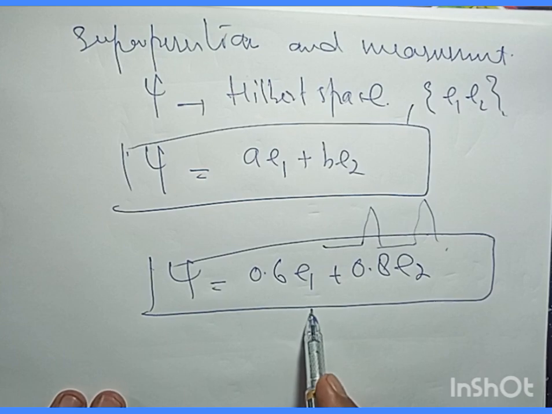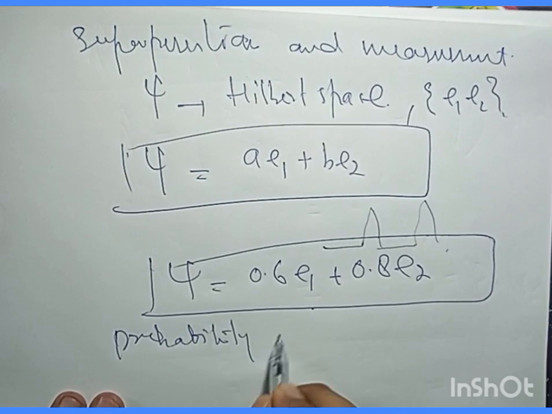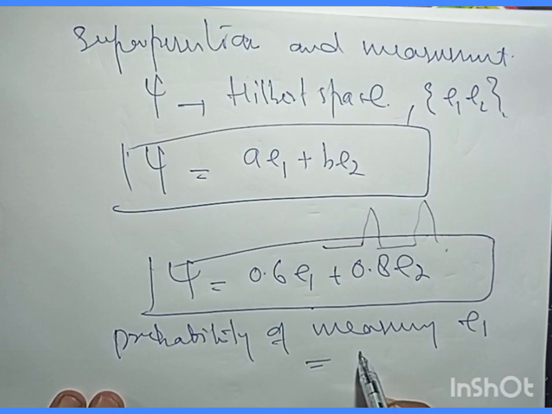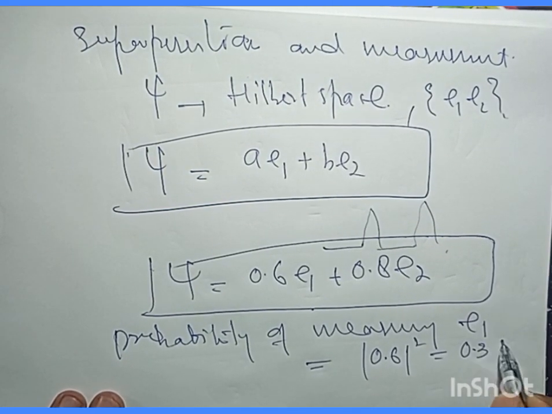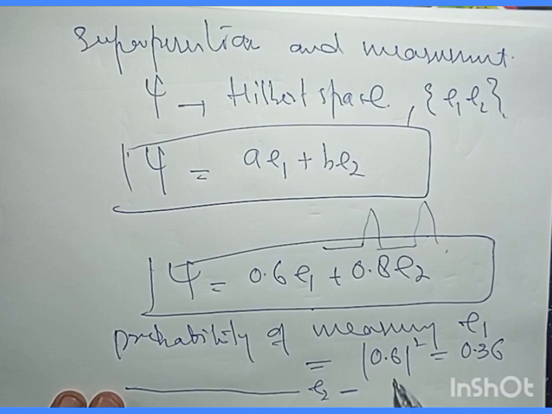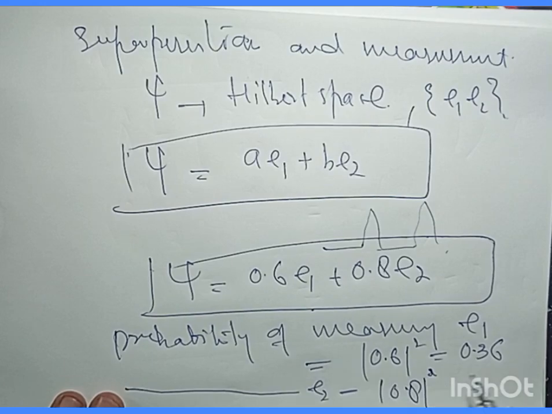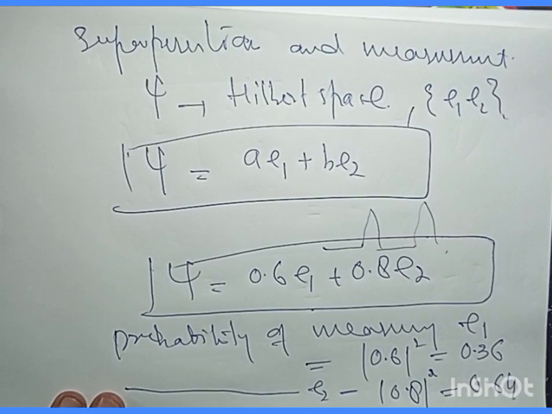The probability of measuring E1 will be 0.6 whole square, and that will give me 0.36. And the probability of measuring E2 will be the mod square of 0.8, which is 0.64. And if you add the two probabilities, they come out to be 1.